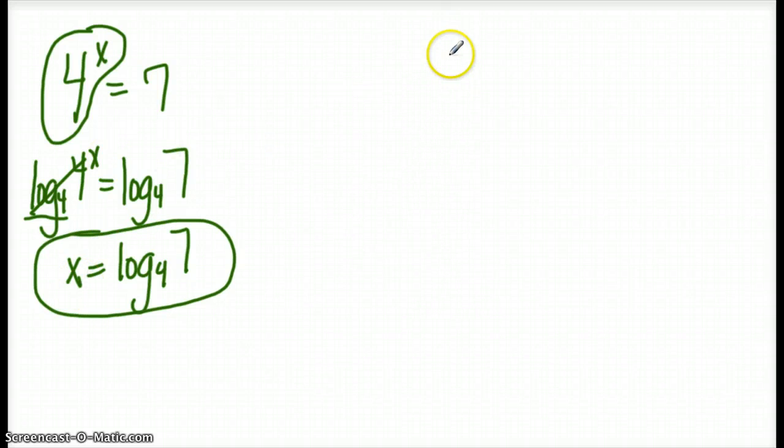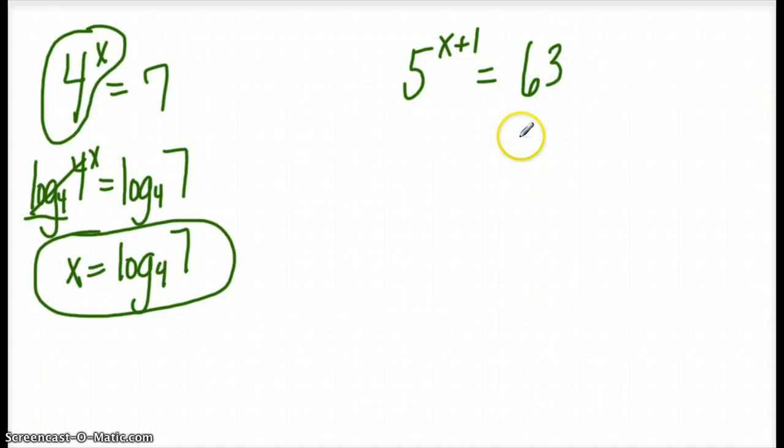Okay. What if something looks like 5 to the x plus 1 equals 63? This is essentially by itself. The x plus 1 looks a little bit more complicated than just the x, but the outside thing here is the 5. I have to get rid of this before I can deal with the plus 1. So how do you get rid of this big 5?